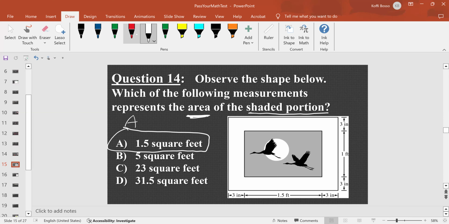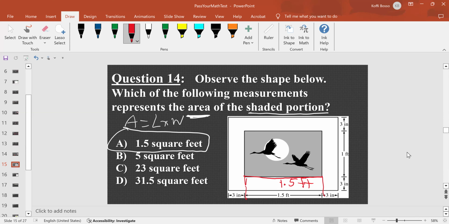A equals length times width. So we need to know the dimensions. And if you see this properly, look, this length is what? From here to here, which is 1.5 feet. So that means we don't need the 3 inches.